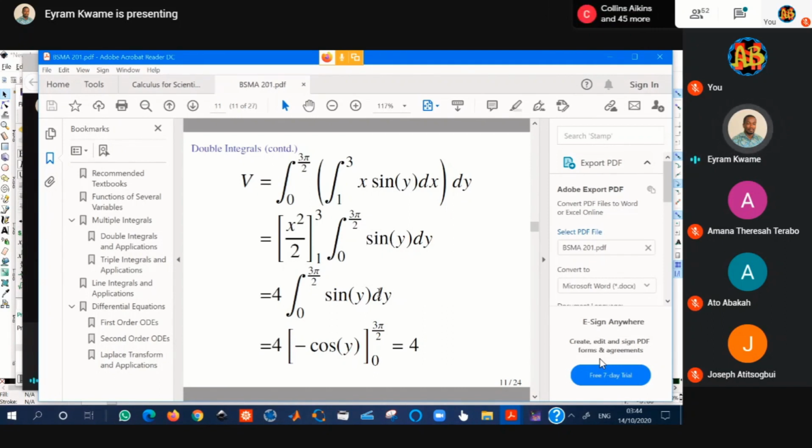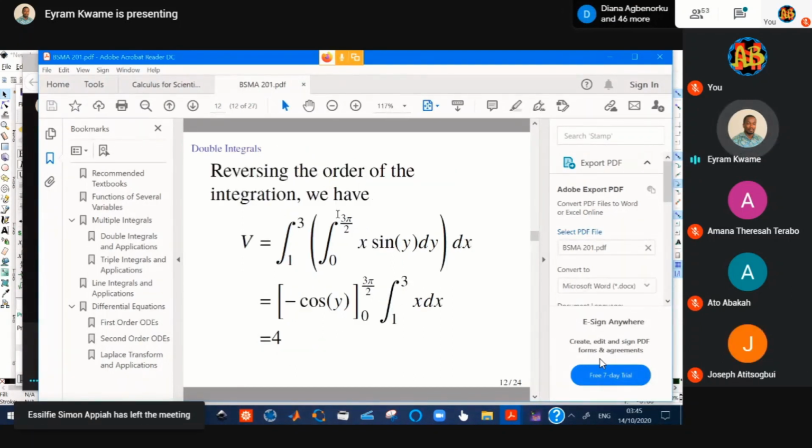I have negative cosine of y, evaluated from 0 to 3 pi over 2. The actual result is positive 1, because cosine of 3 pi over 2 is 0, then minus negative 1, and that gives me positive 1. So 1 times 4, I have this.